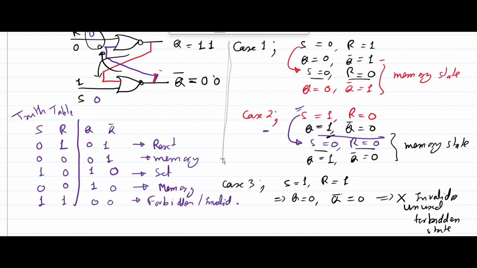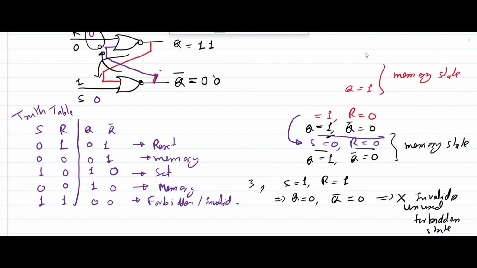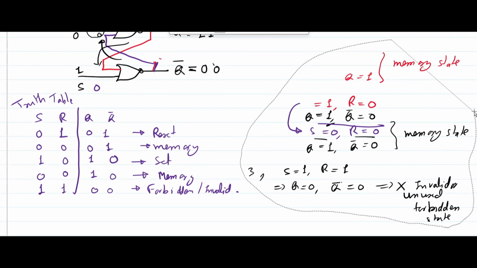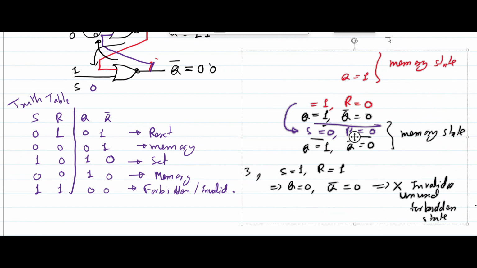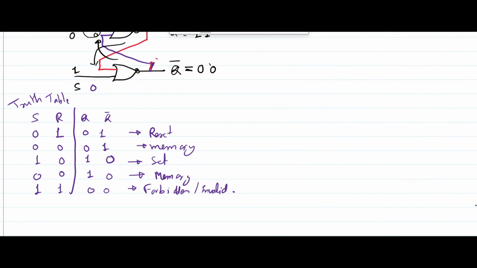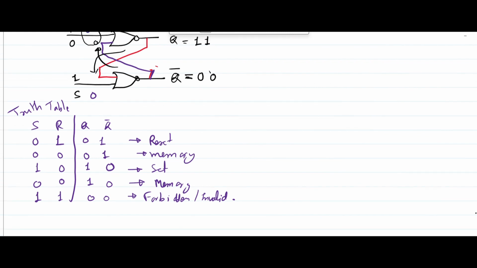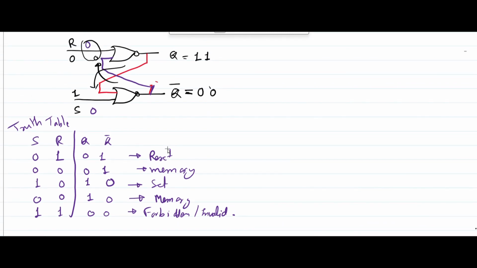Next will be the characteristic table, and I have already told you what the meaning of a characteristic table is. The characteristic table will give me the next output if my present output and present input are given. So let me draw that characteristic table.